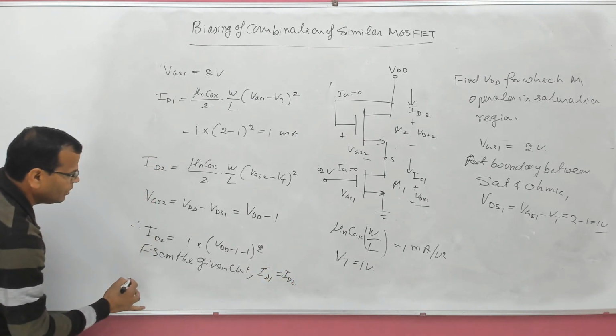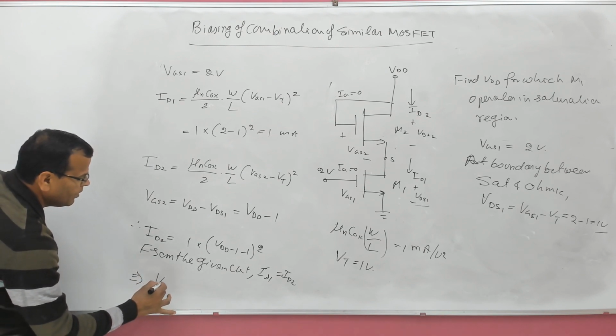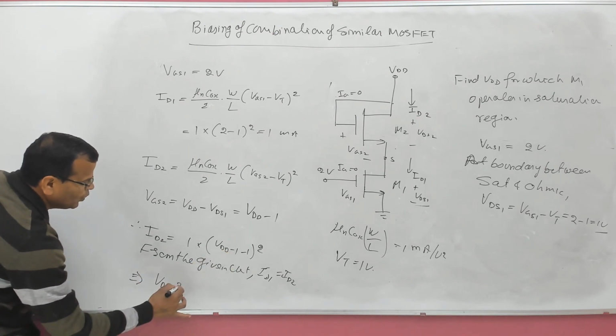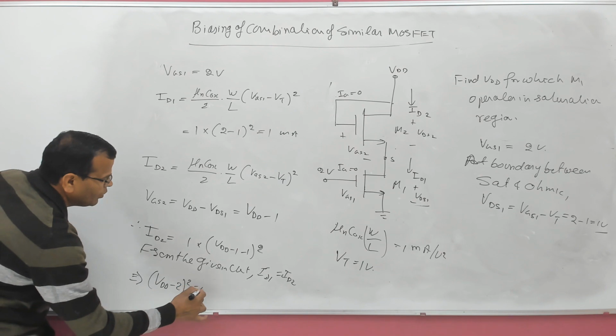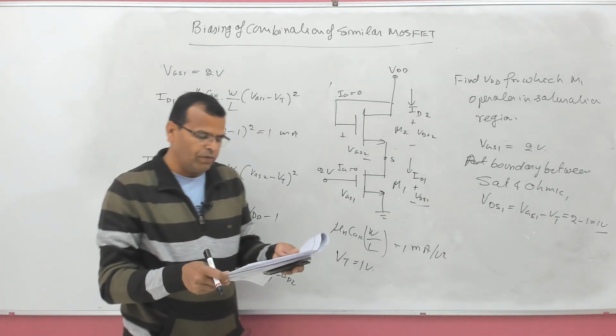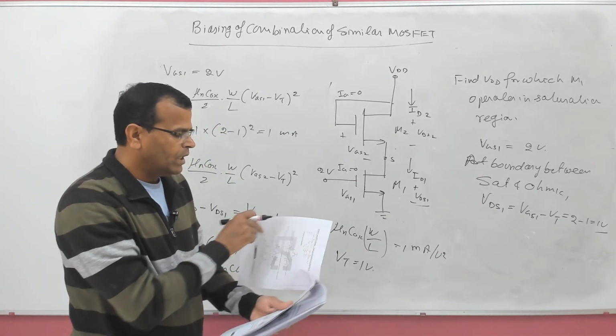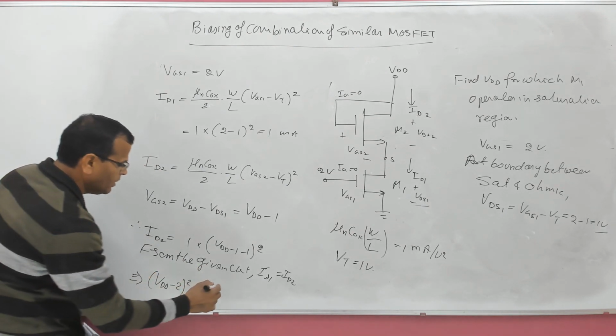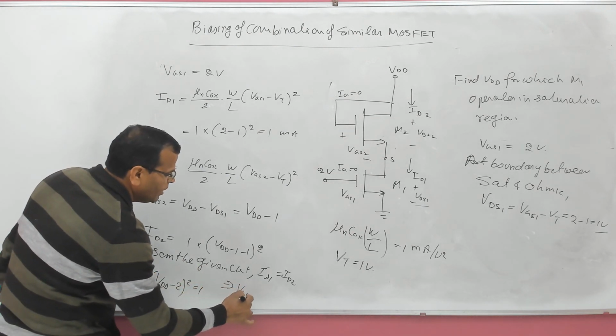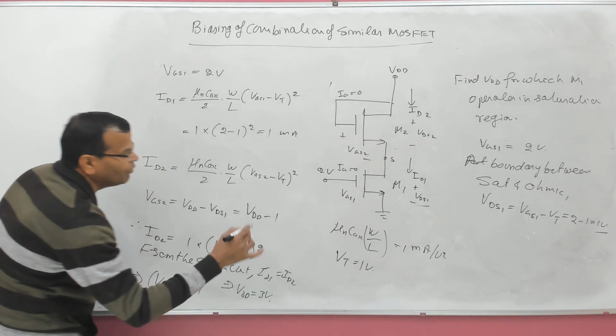So this gives VDD minus 2 whole square is equal to 1, and that gives the value of VDD. You can see this comes out to be VDD equal to 3 volt.